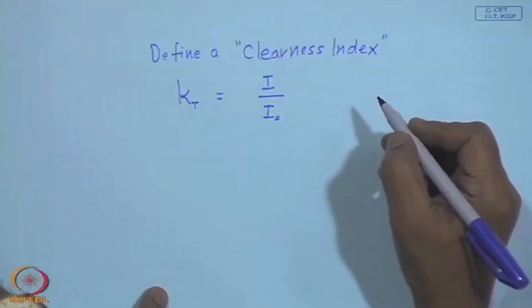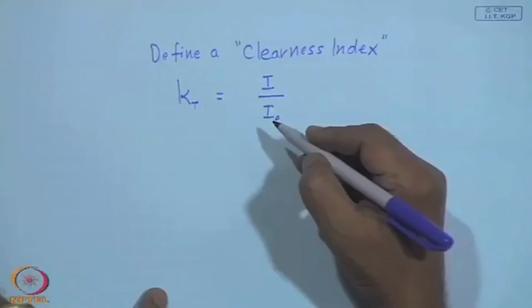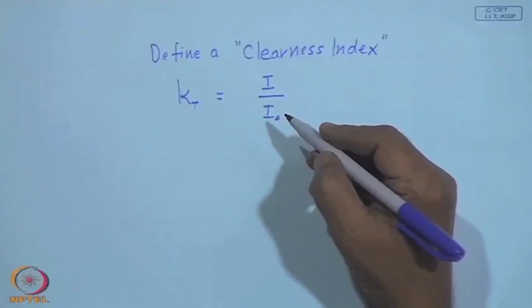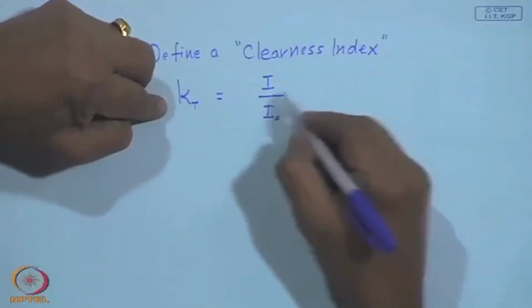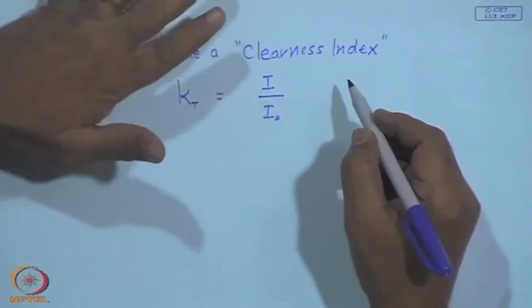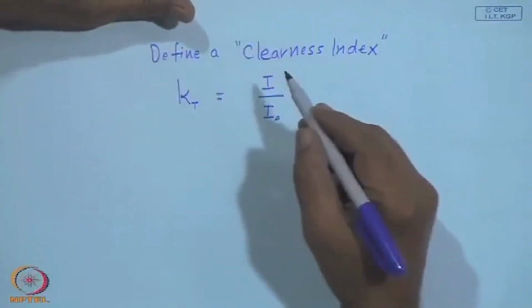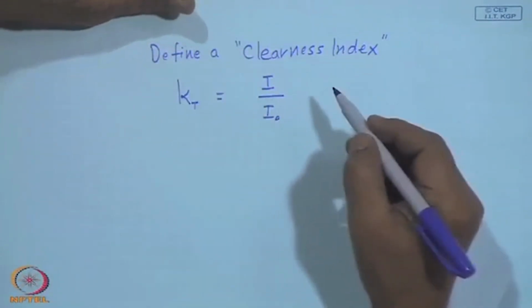Basically, if the clearness index is given to you, you can find out I, because you know I_0. But of course, to get the clearness index you should know I. So the purpose of introducing a clearness index is something else, other than indirectly camouflaging as a non-dimensional number with respect to I_0.